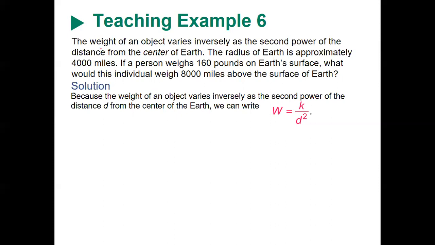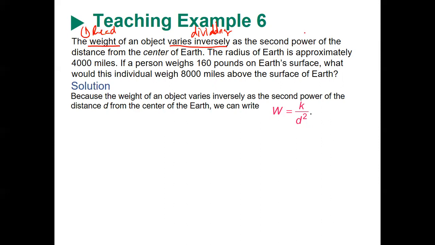So we read, step 1, done. Step 2 is to make your equation. My equation is based off what it says here. It says the weight, so W, varies inversely. Varies inversely tells me that I'm dividing. That's not how you spell dividing, guys. Pretend that it is. As the second power of the distance from the center of Earth.